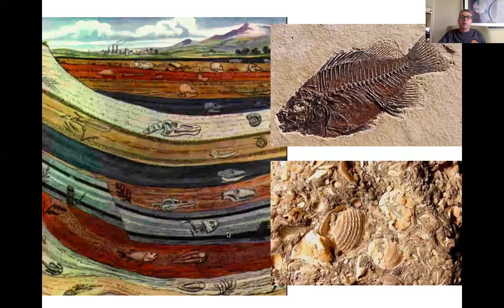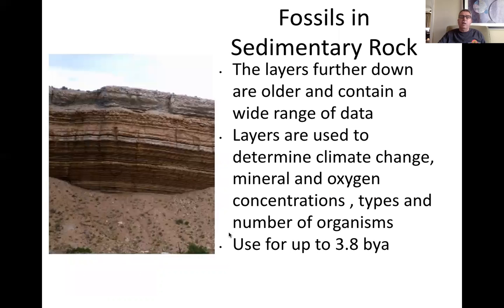They do that by, like I said, not by carbon, because carbon has a relatively short half-life, but they can do it by other types of elements that have a longer half-life. Okay, so those are the notes.